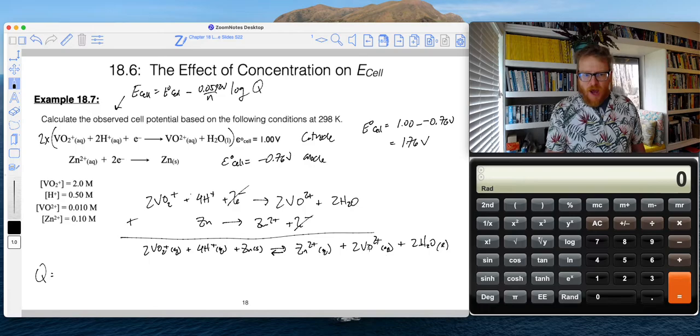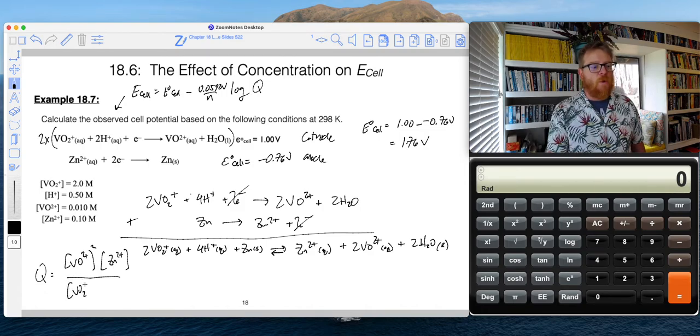So now this is going to be products over reactants, but remember I don't include pure solids or pure liquids. So now this is going to go as VO2 plus, and of course squared, because of that stoichiometric coefficient, times my zinc 2 plus aqueous, don't include water because it's a pure liquid, and now that's all divided by VO2 plus all squared times H plus to the fourth power.